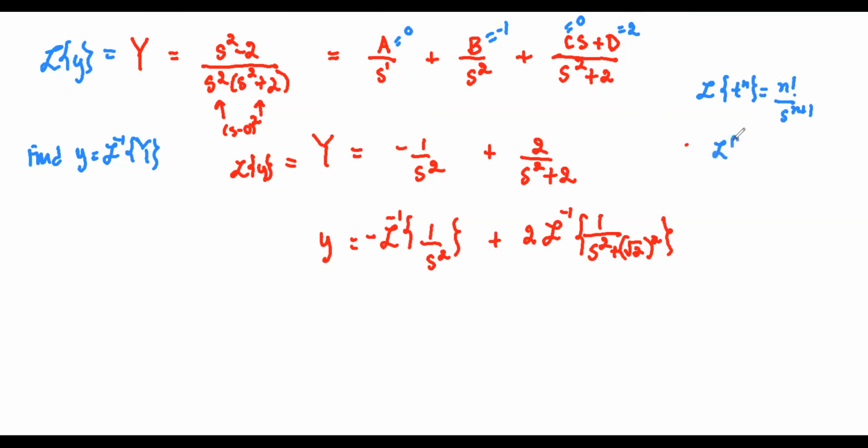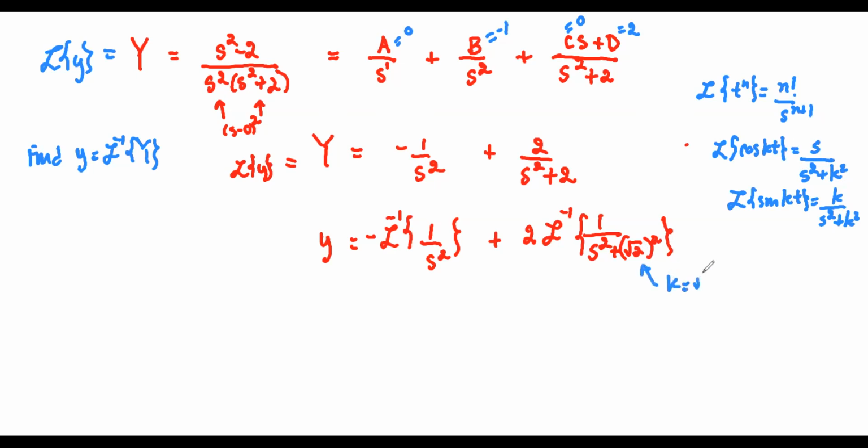And the Laplace of cosine kt is s on the top, because cosine has the s, and then the bottom is s squared plus k squared. The Laplace of sine kt is k on the top, and then the bottom is s squared plus k squared. Sine and cosine have the same denominator, but the cosine has an s, the sine has the number, which is the k number. That's the point where I write the 2 in terms of square root 2 squared.